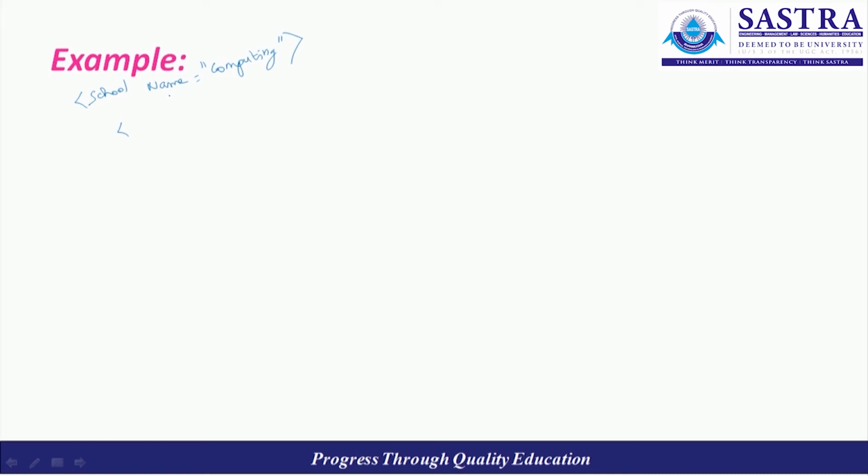School is an element which has one attribute, that is name, and I have a name element which is a child of school. SOC, School of Computing, I have given. Name has been closed. Then I have department, which has child elements.